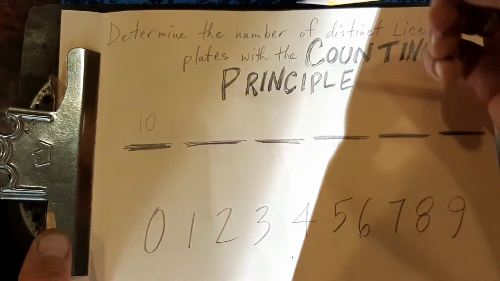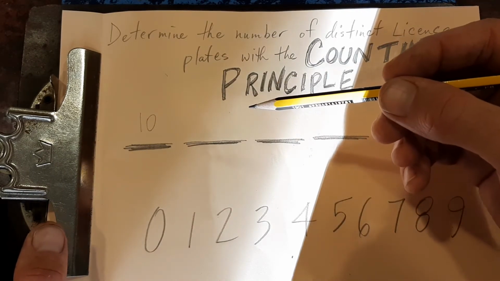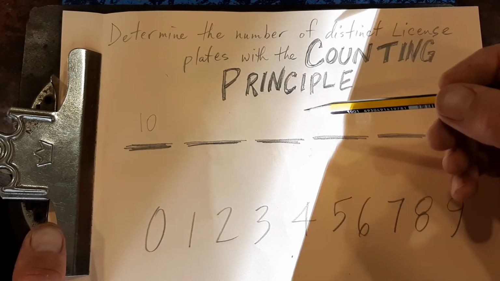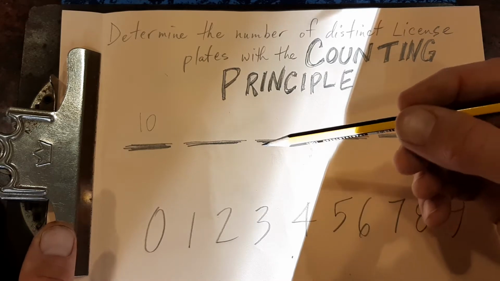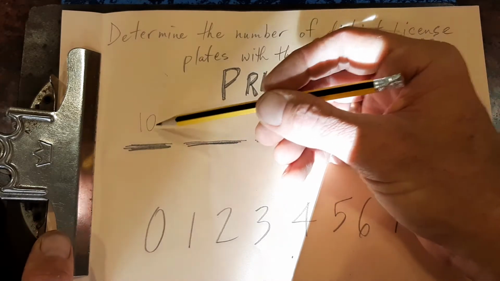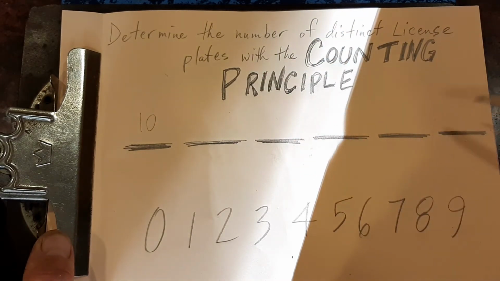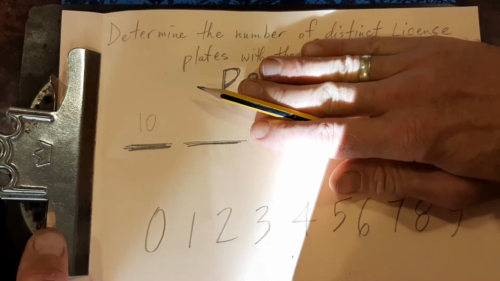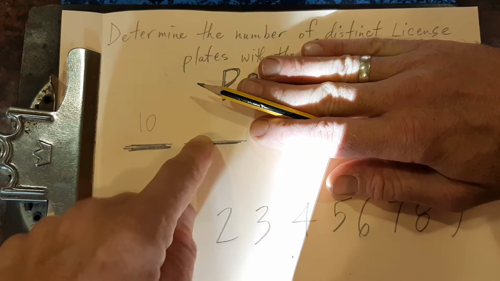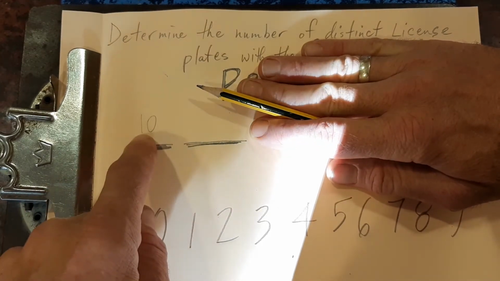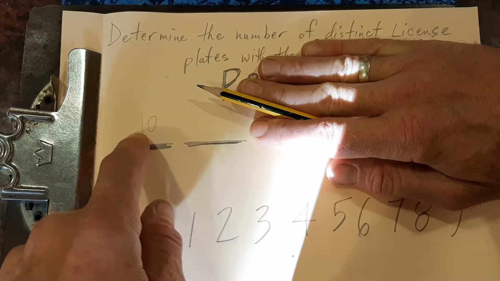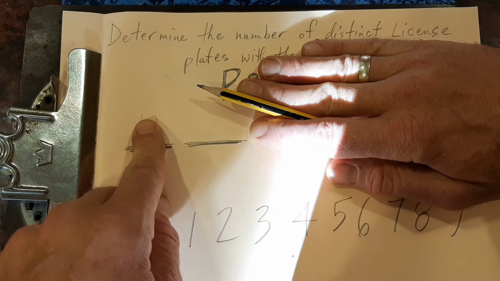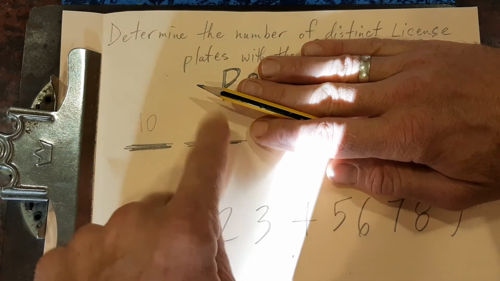Because this time we're talking about with repetition. That's a cool word, repetition. I can repeat. So I could have 0, 0, 0, 0, 0, 0, or 9, 9, 9, 9, 9. Okay, what if I only had license plates with just 2? Well, I could put a 0 and a 0, and then let's say I keep the 0 here.